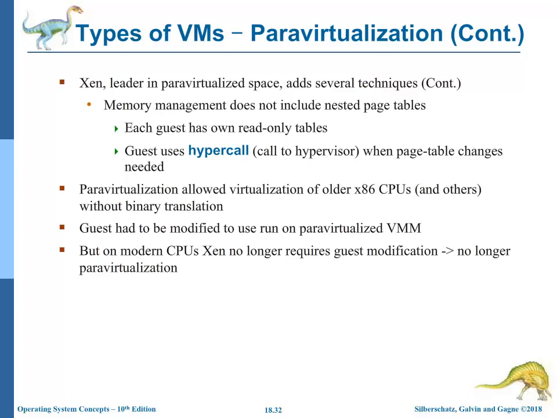Xen allowed virtualization of x86 CPUs without the use of binary translation. Nowadays, Xen has taken advantage of hardware features supporting virtualization. As a result, it no longer requires modified guests and essentially doesn't need the paravirtualization method. Paravirtualization is still used in other solutions, however, such as Type 0 hypervisors.